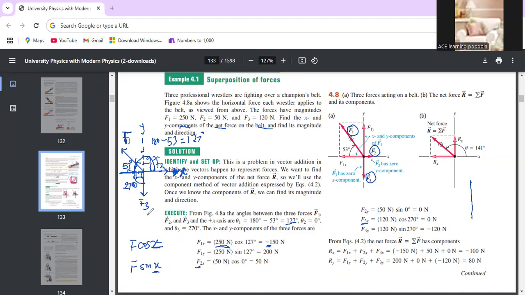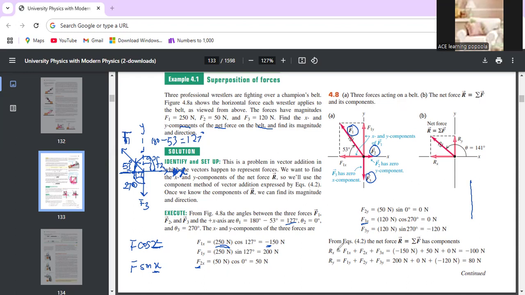It acts downwards, and just to remind you, directions below the axis are taken as negative and directions above the axis are taken as positive. Because it acts below, that's why it's negative, which means the calculation is correct.